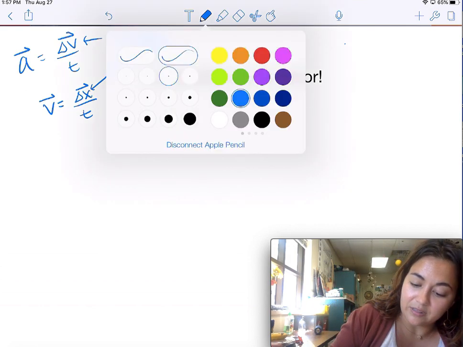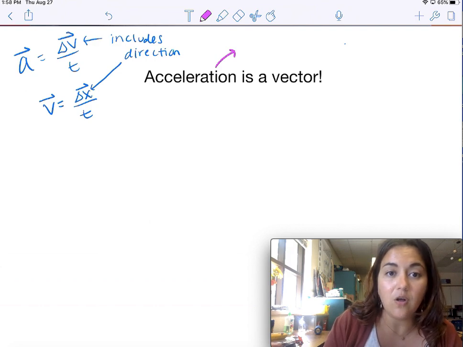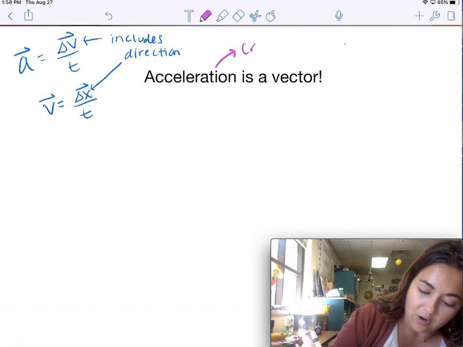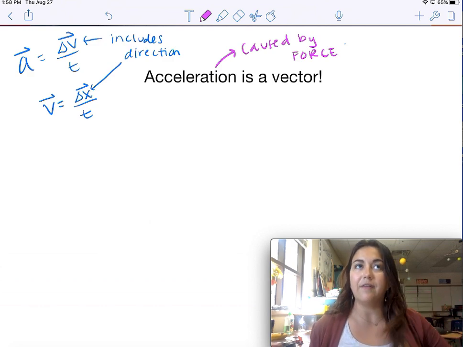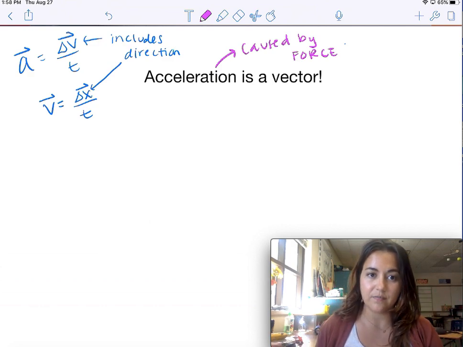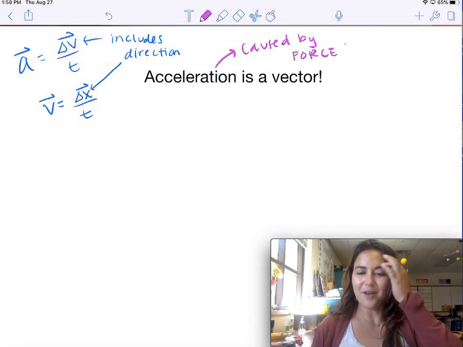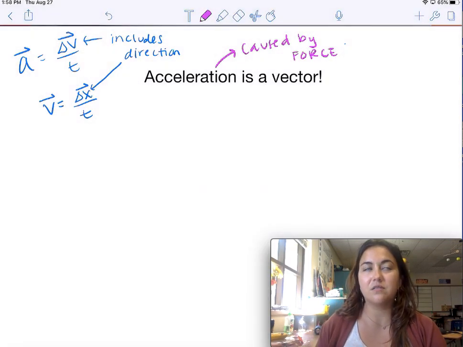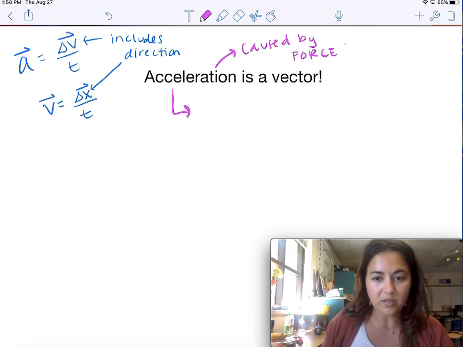We will learn in a later unit that all accelerations, all changes in motion, are caused by a force, and they are directly related to that force causing the change. So it might be hard for you to picture changing your velocity in a certain direction, but you can definitely picture a force.